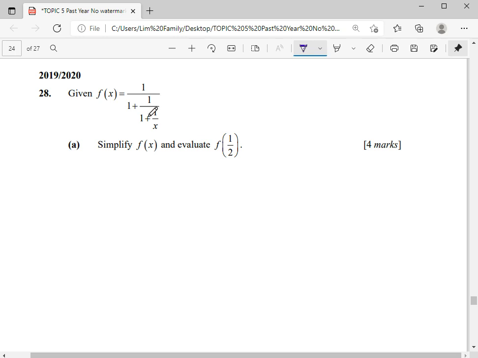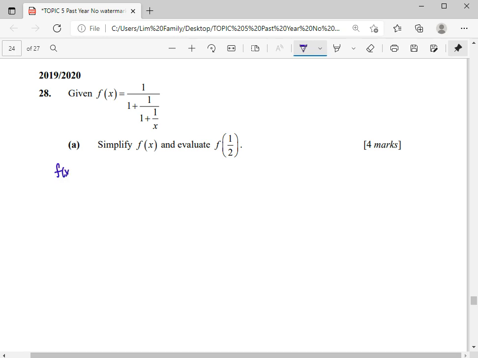It cannot be a fraction within a fraction, so that is not a simplified fraction. Our simplified fraction must have one thing at the numerator and another thing at the denominator. Okay, so how are we going to simplify?